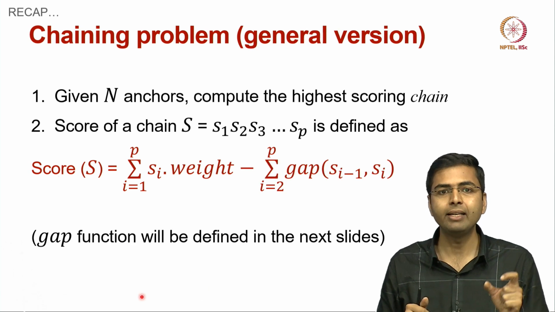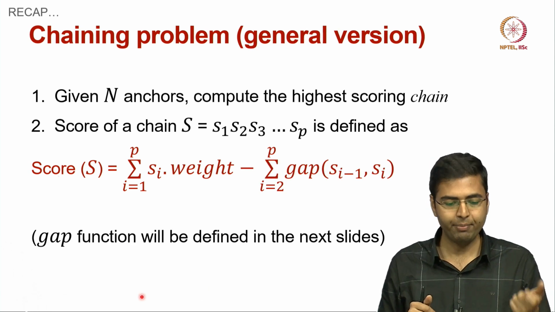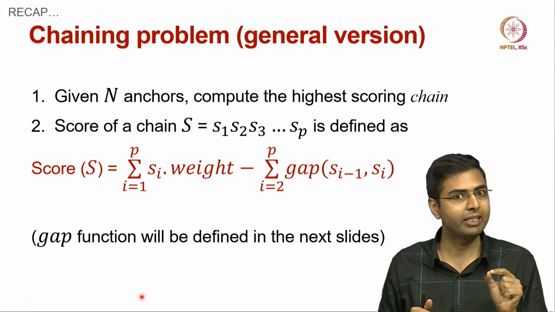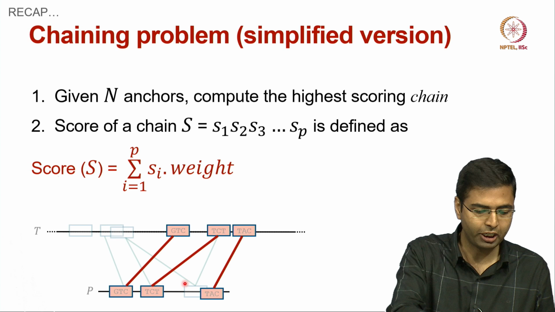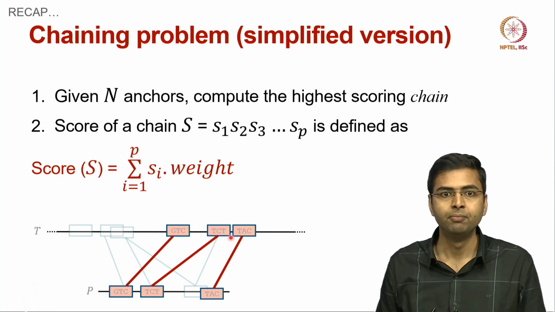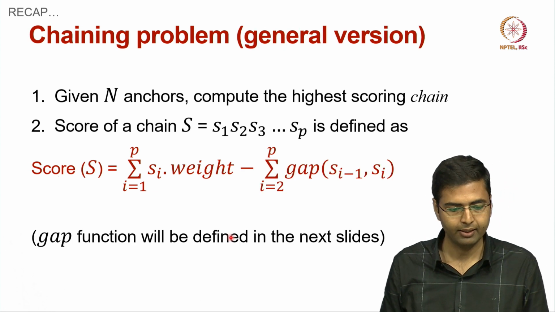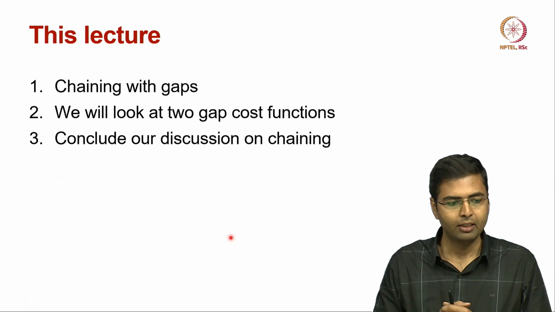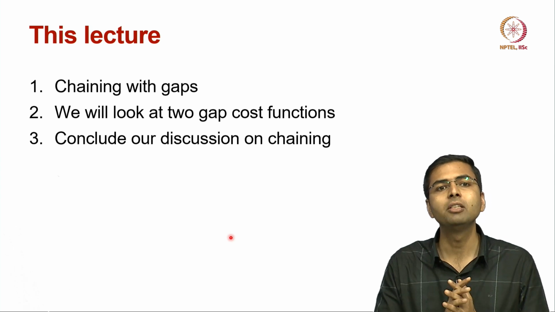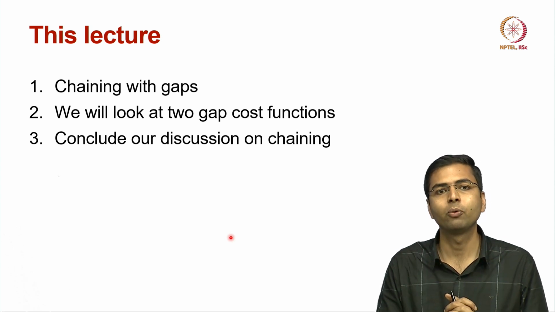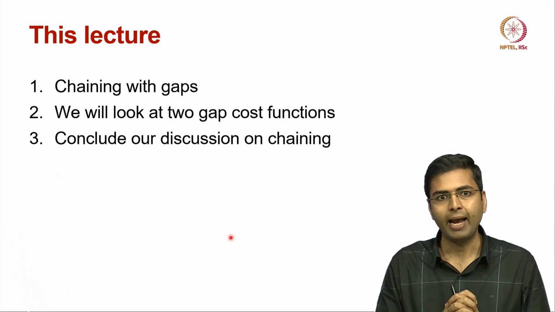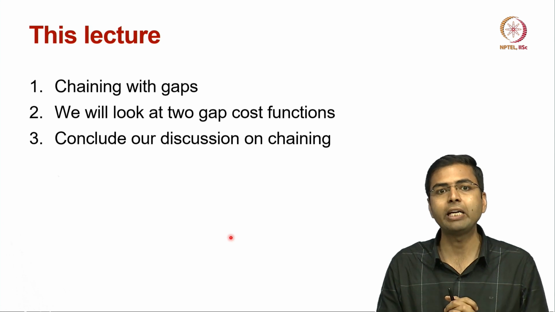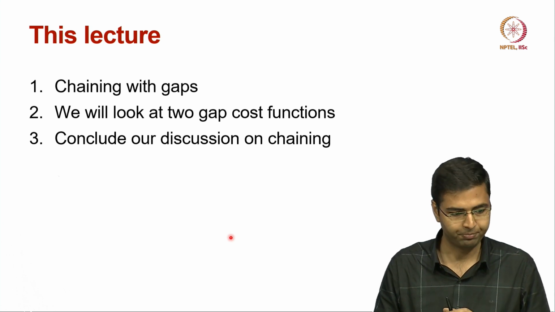Now how we define these gaps precisely will come in the next slides, because we are not given the definition of gaps, but intuitively we want to consider the distance between consecutive anchors in a chain. In this lecture we are going to focus on chaining algorithms while considering gap costs. Specifically we look at two gap cost functions, and we will conclude our discussion on chaining algorithms after this lecture.